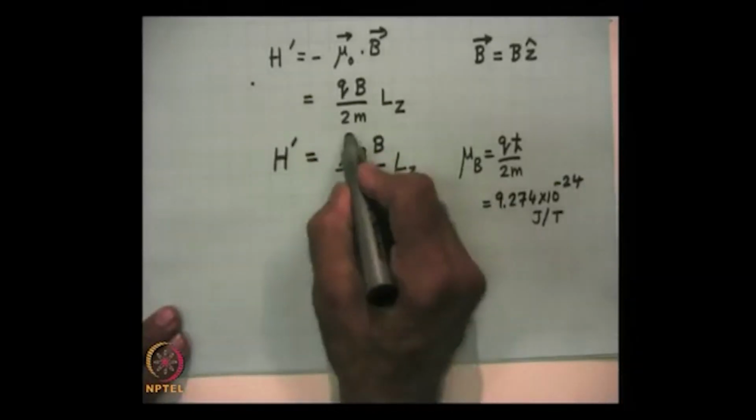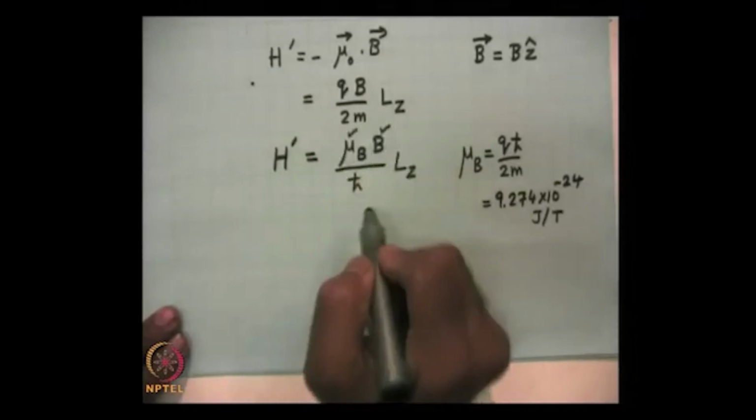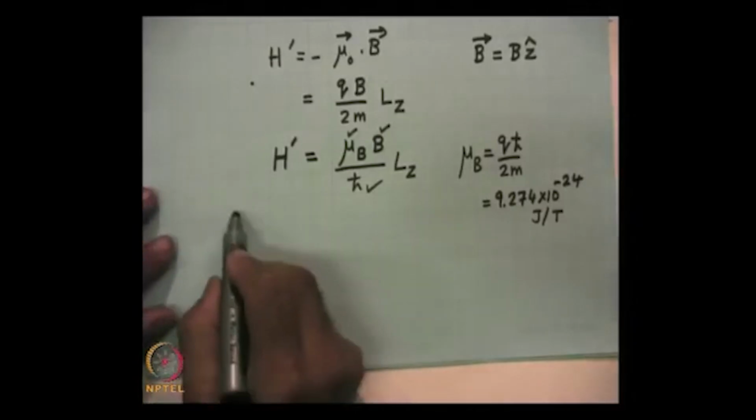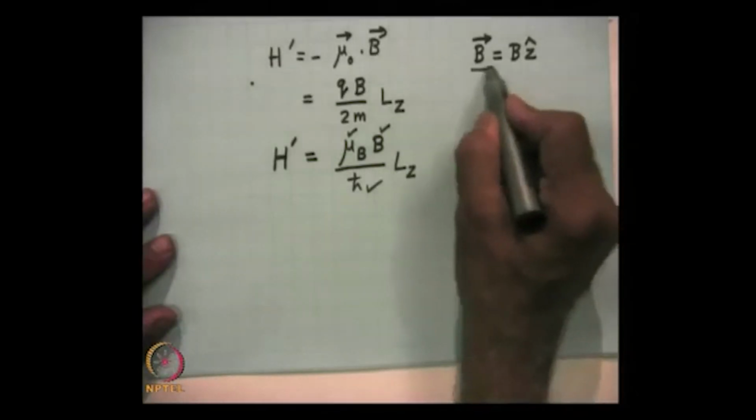So, mu B is a constant, B is a constant, and of course H cross is a constant. Now, I have a static magnetic field applied in the z direction.